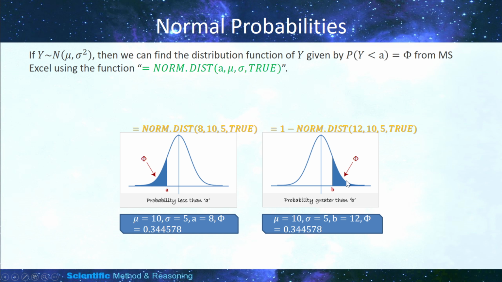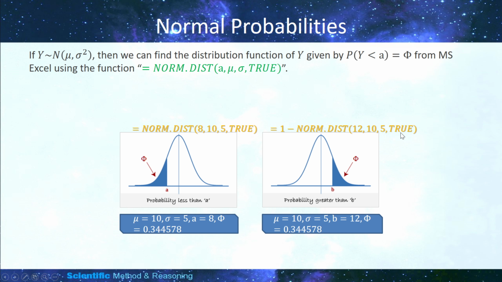What about if I want to find the probability of y greater than 12? Using Excel will give you the area to the left of b, where b equals 12. That is the white area. But in fact, we are looking for the blue shaded area here. Notice that the total area under the curve must be 1, so we can simply find the white area and subtract it from 1 to get the blue area.